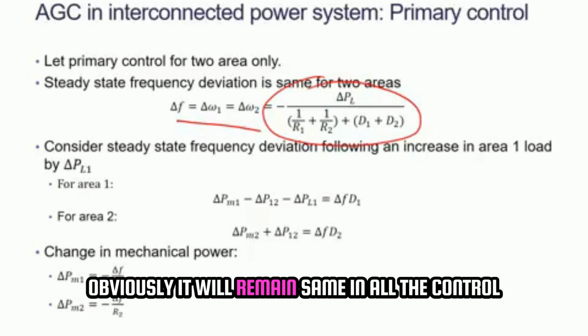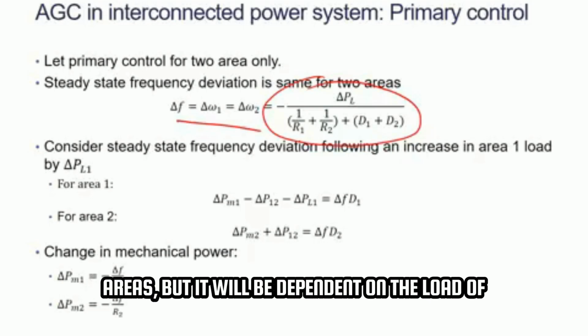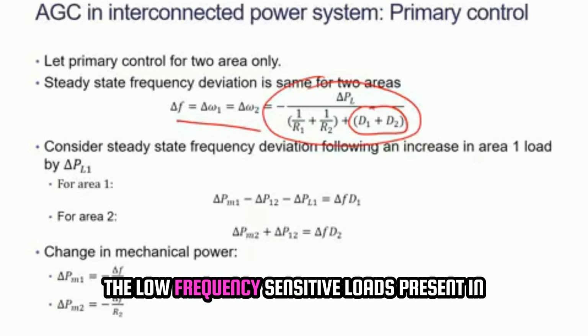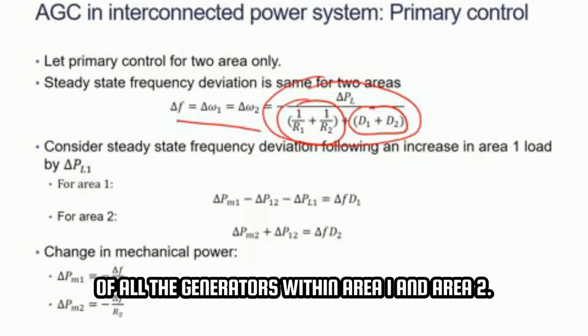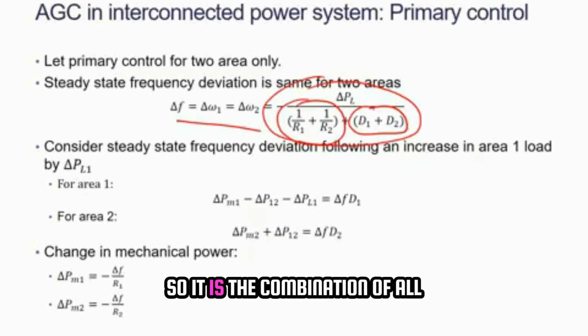Obviously it will remain the same in all the control areas, but it will depend on the frequency-sensitive loads present in area 1 and area 2, and the droop characteristics of all the generators within area 1 and area 2. So it is the combination of all the generators and all the loads.